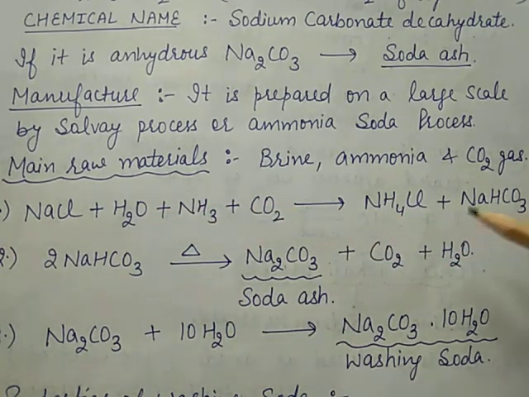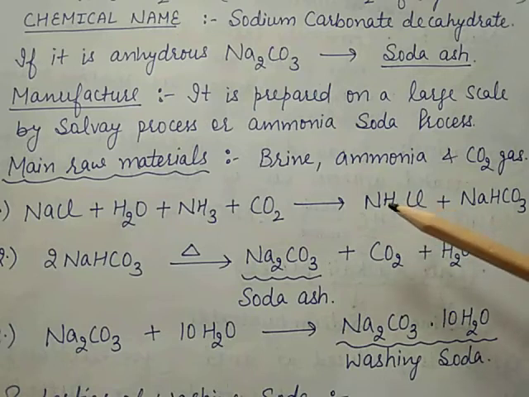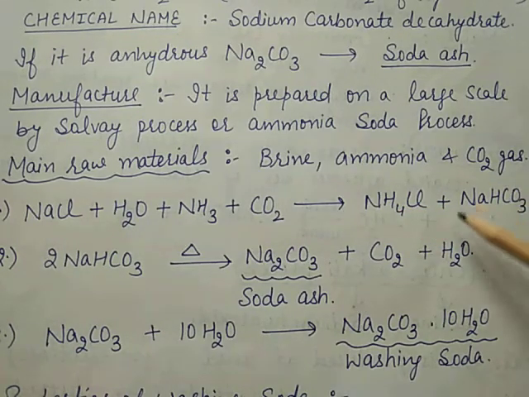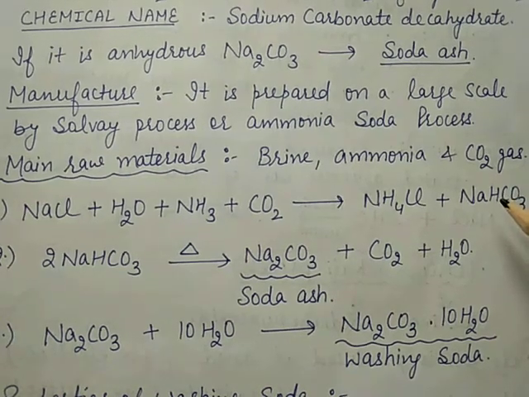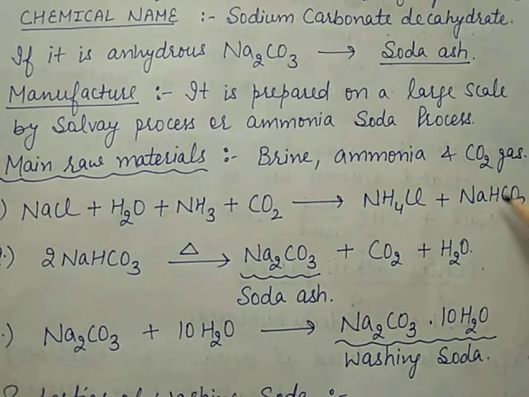Then a mixture of ammonium chloride and sodium hydrogen carbonate is formed. This sodium hydrogen carbonate is slightly soluble in water and easily precipitated. It can be separated by the filtration method.